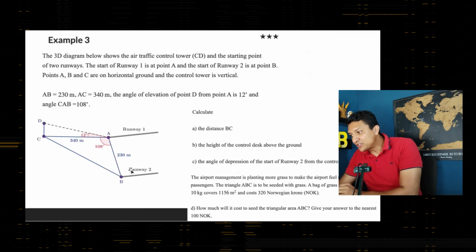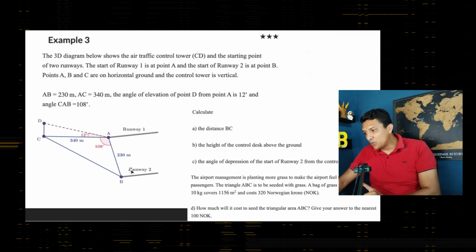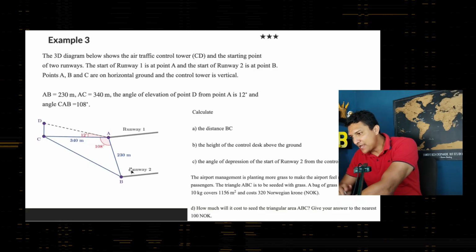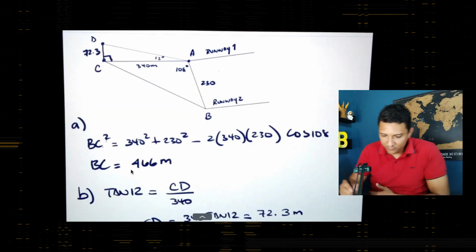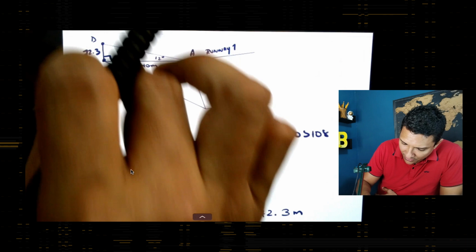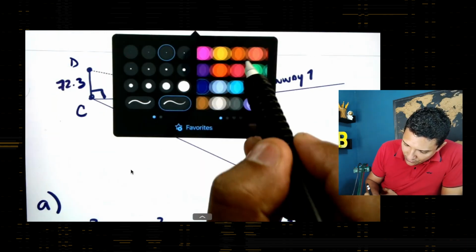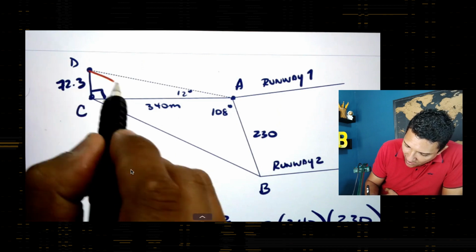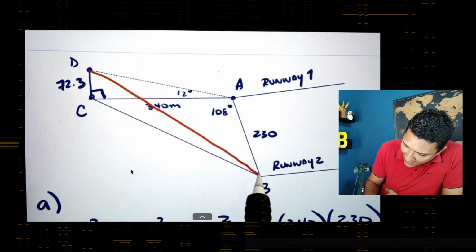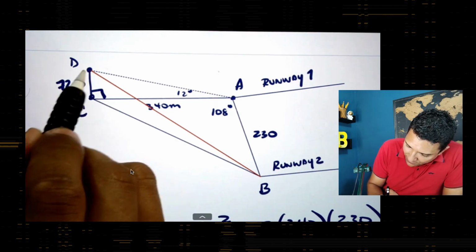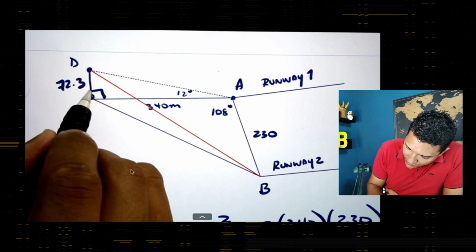The angle of depression of the start of runway 2 from the control desk. Angle of depression. Let's zoom a little bit here. I'm going to change the color to label what they are asking me, which is the angle of depression. Remember something, now we have two perspectives.